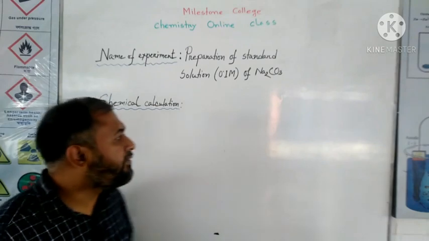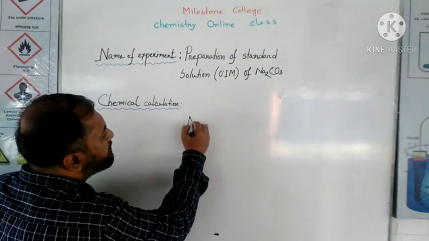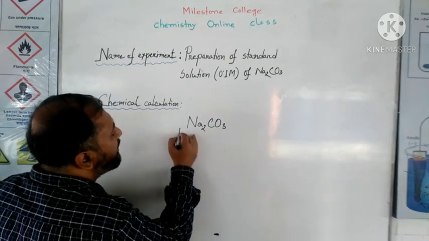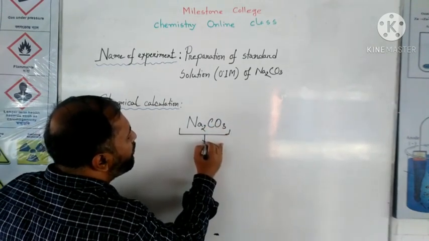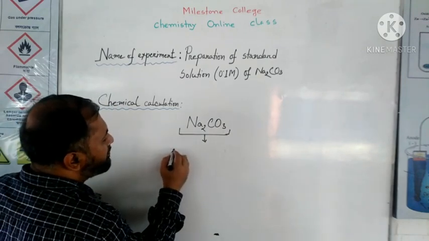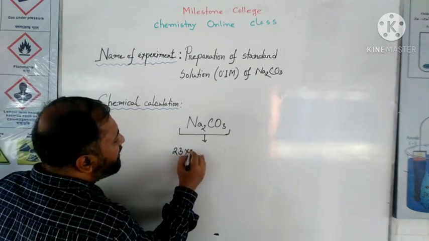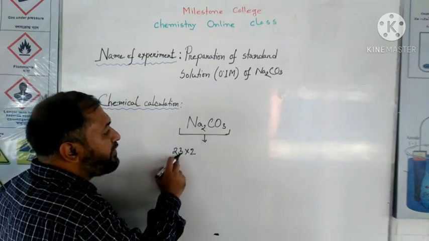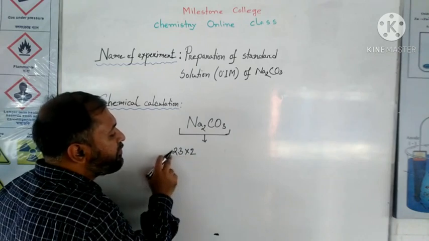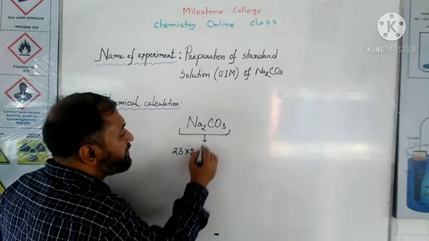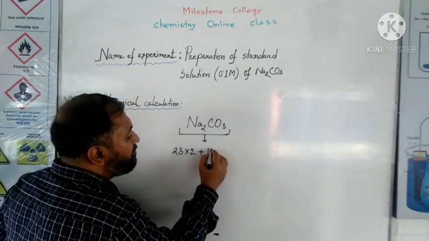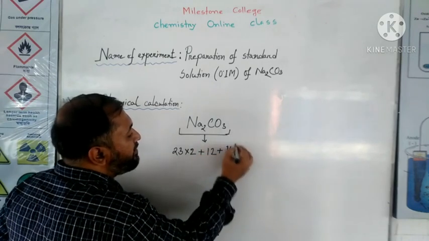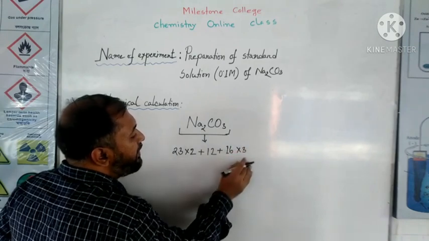Now, you can see the calculation here. This is the formula of sodium carbonate, and from this formula we found 23 multiplied by 2, as we know the atomic mass of sodium is 23 and 2 sodium atoms are present here, that's why we multiply 23 by 2, plus atomic mass of carbon is 12 and atomic mass of oxygen is 16, and there are 3 oxygen atoms present here.